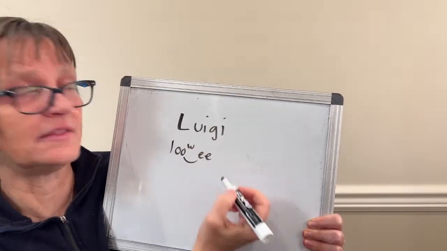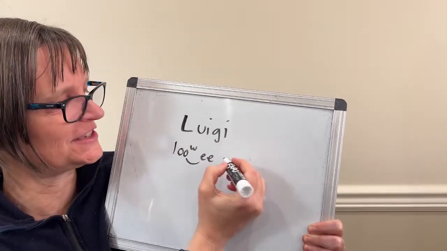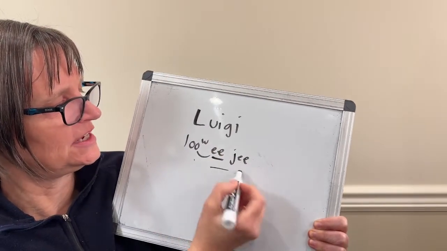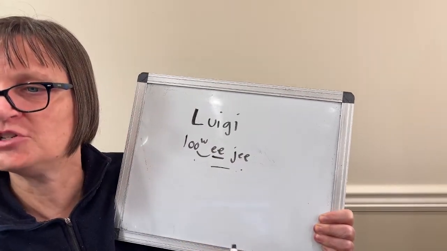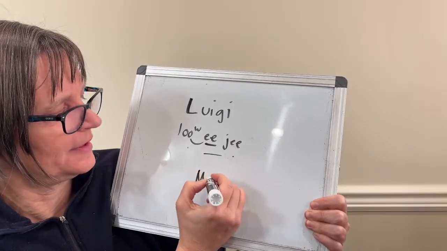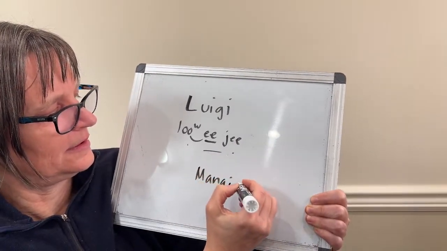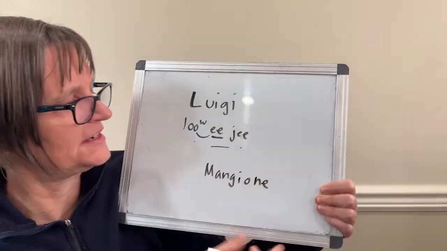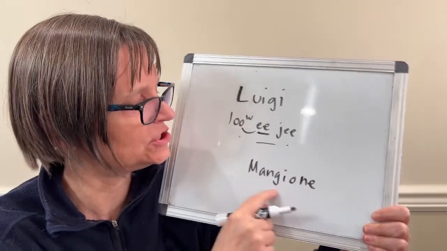Louis, the letter G says the J sound here, so stressing on E, Luigi, and then Mangione is going to be more like, in Italian, it would be Mangione.